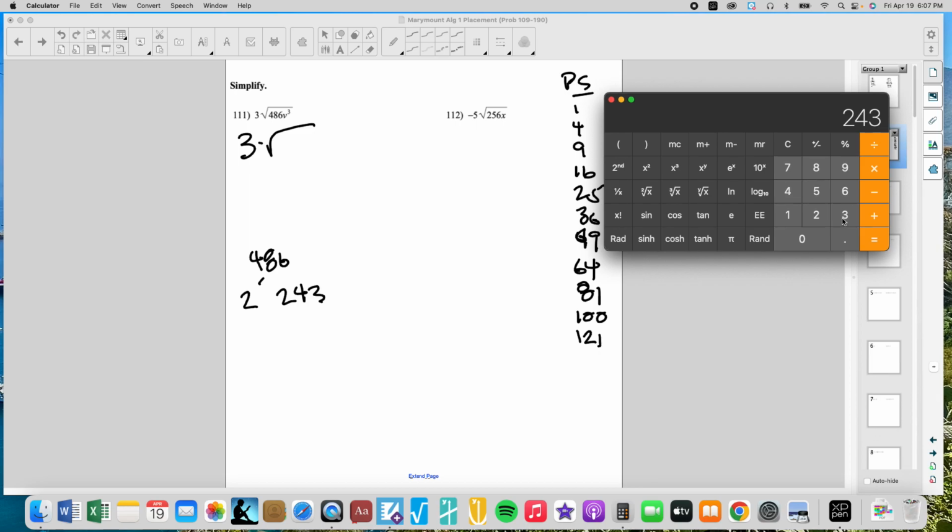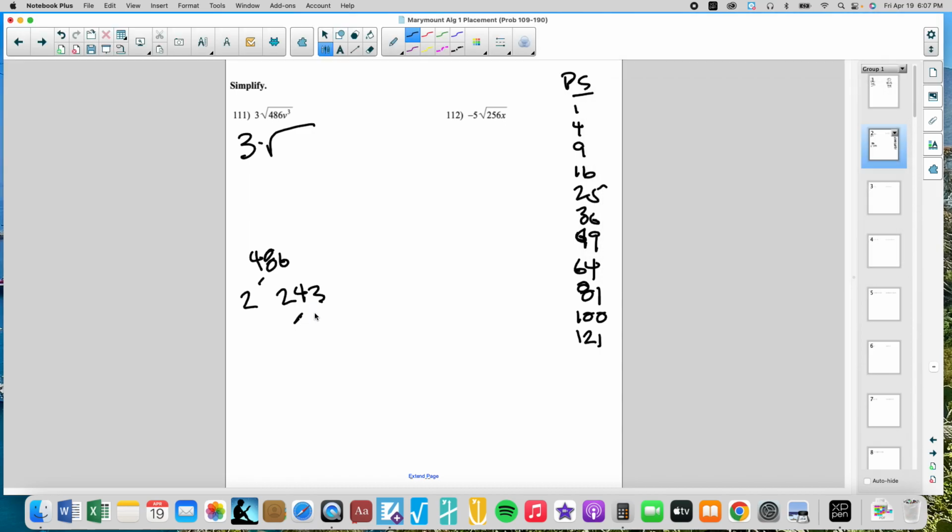Square root of 243. Nope. Okay, so 3 goes into 243 3 times, and that goes 81. There it is. So 81 times 6. So 3 rad 81, rad 6, 3 times 9 rad 6. So we get 27 rad 6.